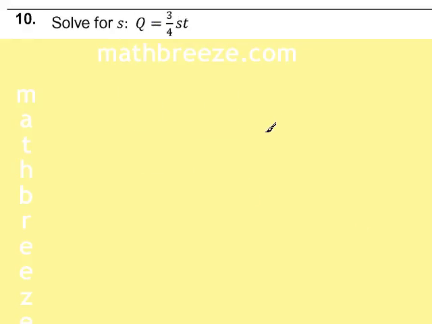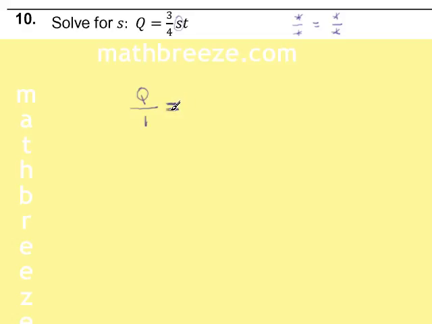In number 10, we want to solve for s, and we'd like to cross multiply like we did before, but we need the following form. In order to cross multiply, we need a fraction on the left equal to a fraction on the right. Well, let's write q as a fraction. So let's write q as q over 1.